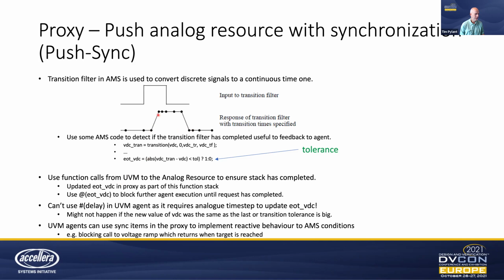So you need to wait. When you go high, you have to wait for that high to actually transition in the analog, and same thing when it goes low. And you don't want to use a pound delay because it's not locked in necessarily with the analog simulation. So you need to have this triggering type mechanism to do the handshaking.